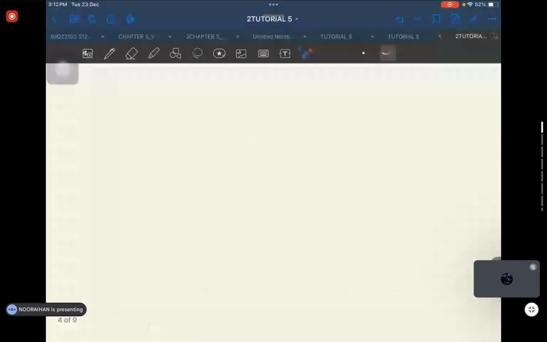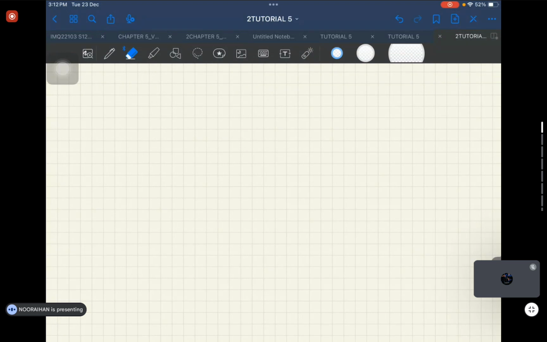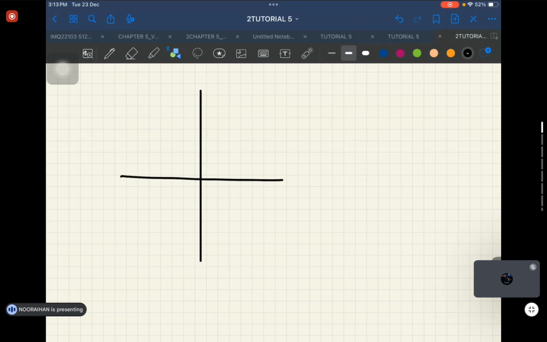For example, let's say you have a t squared graph, just a simple sketch.